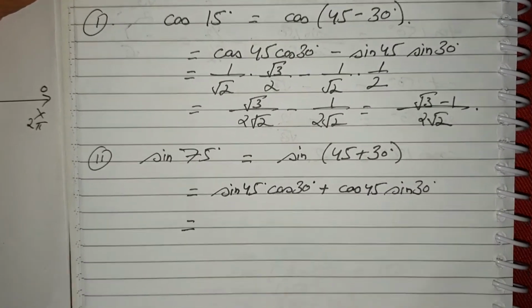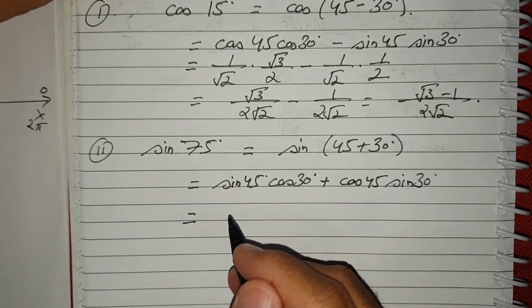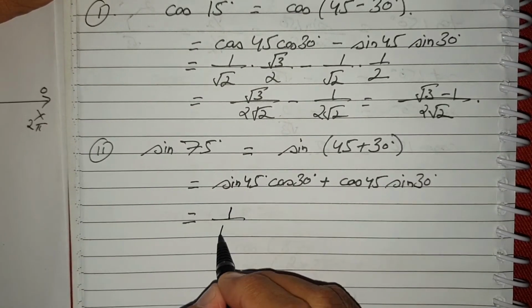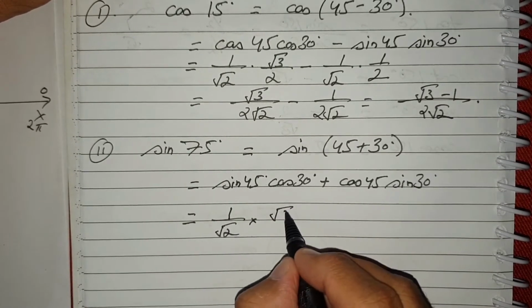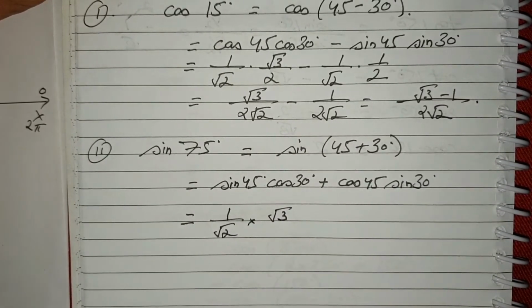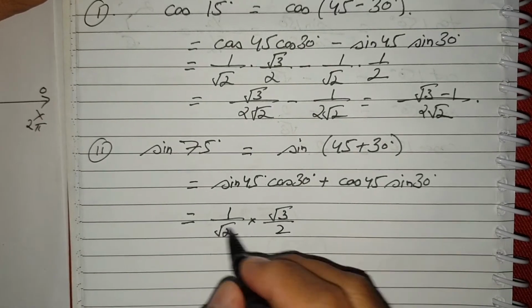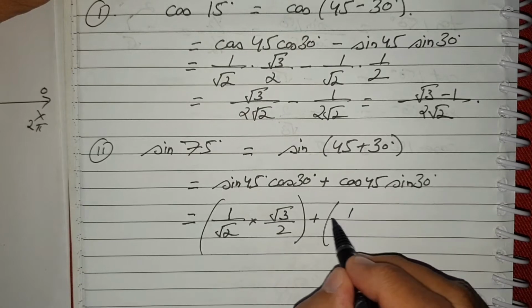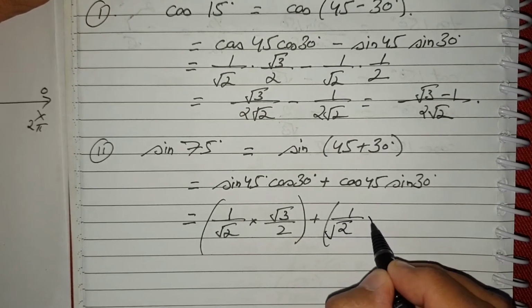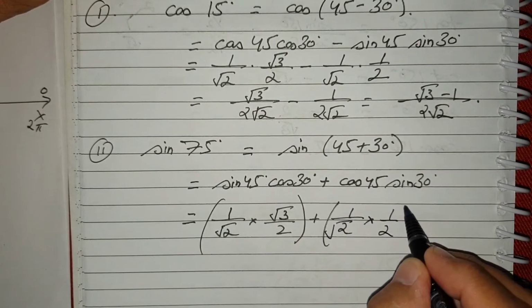Sine 45 is 1 by root 2, cos 30 is root 3 by 2, cos 45 is again 1 by root 2, sine 30 is 1 by 2.